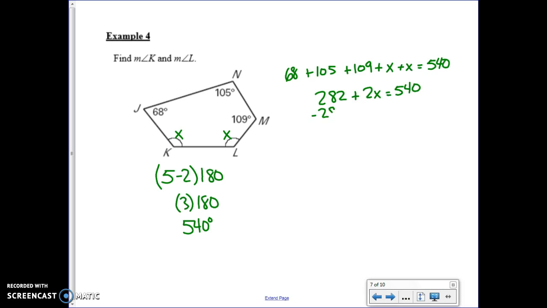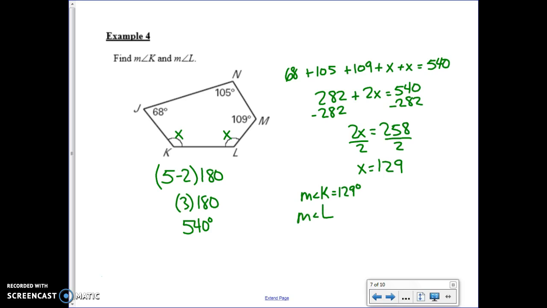I'm going to subtract 282 from both sides of the equal sign. So 2x equals 540 minus 282 is 258. Divide by 2 on both sides. X is equal to 129. So the measure of angle K is 129 degrees, and the measure of angle L is 129 degrees.